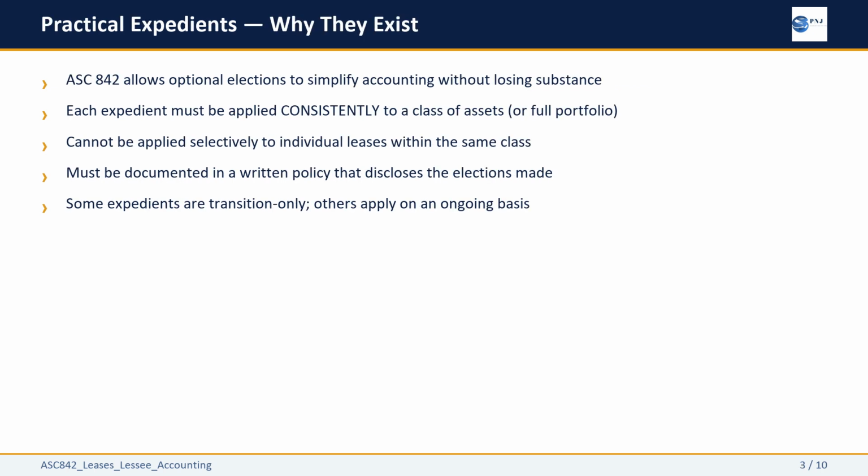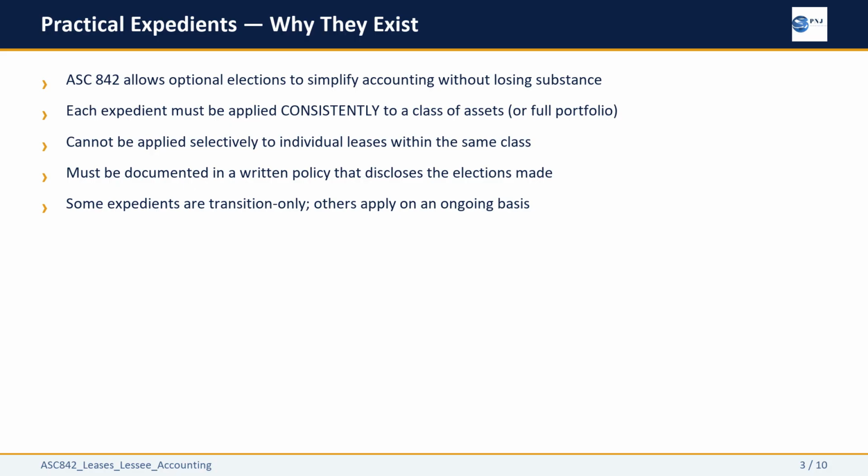Practical expedients exist because the FASB recognized that full ASC 842 compliance for every lease, on a lease-by-lease basis, would impose significant cost on companies with large lease portfolios. These are optional simplifications. You do not have to use them, but if you elect one, you must apply it consistently across the entire class of assets to which it applies.